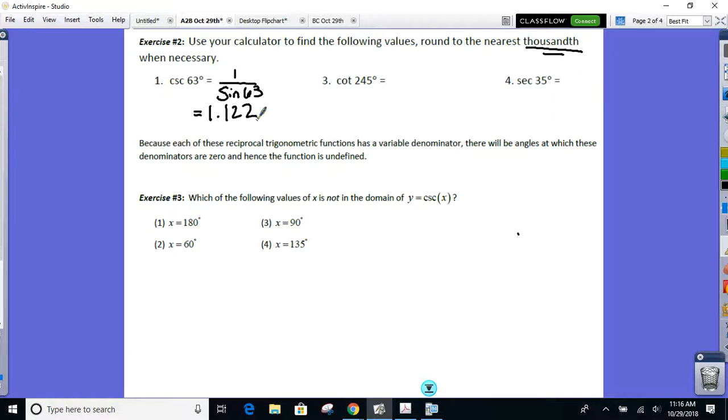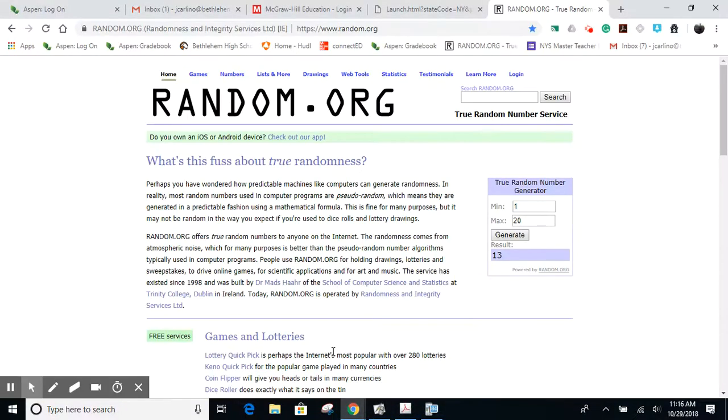Okay. Cotangent of 245. 1 over what now? What am I flipping to get cotangent? Tangent 245. 15, 4 decimal spots.